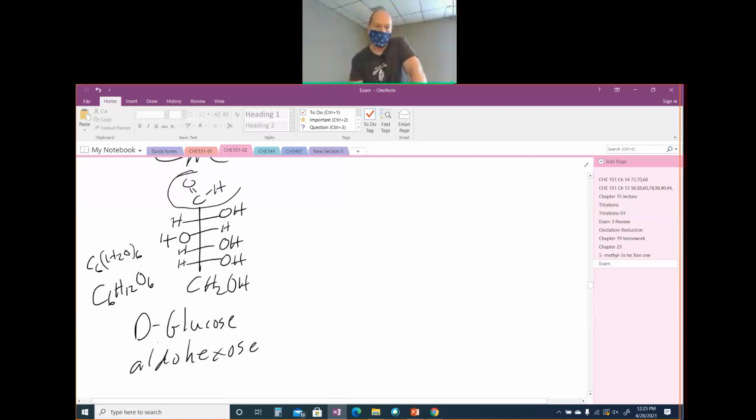You have the exact same molecular formula for D-fructose. Right, except D-fructose is a ketose, so it has a ketone group, and it has then 3 chiral carbons.